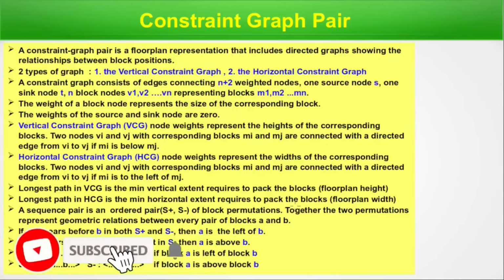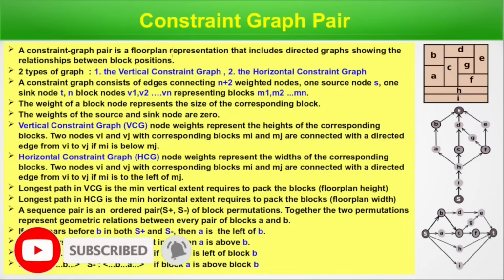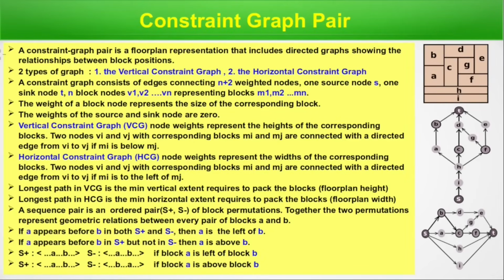Constraint graph pair. A constraint graph pair is a floor plan representation that includes directed graphs showing the relationship between block positions. There are two types of graph: the vertical constraint graph and the horizontal constraint graph. A constraint graph consists of edges connecting n+2 weighted nodes: one source node, one sink node.